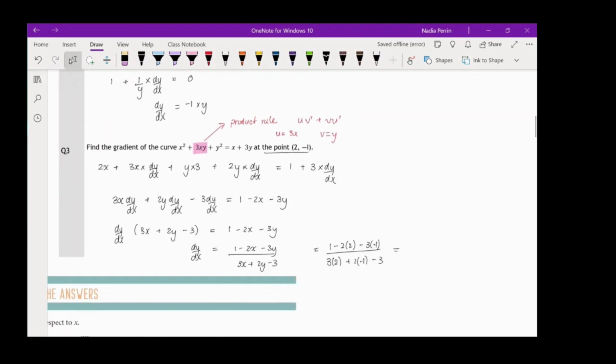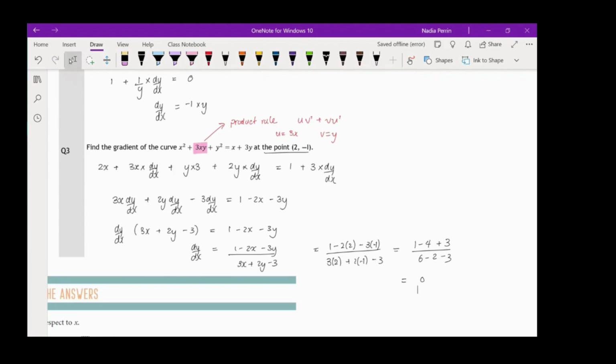Working that out, we're just substituting into the equation and getting 1 minus 4 plus 3 all over 6 minus 2 minus 3. So you'll see that on the top you actually get 0. So the gradient for this curve is actually 0 at that point. Hopefully that all makes sense.